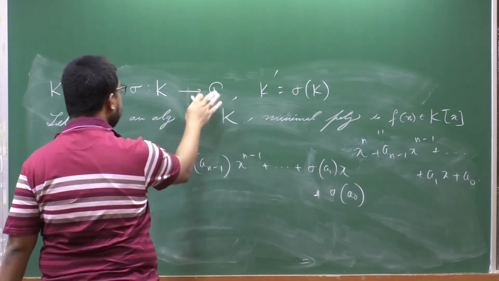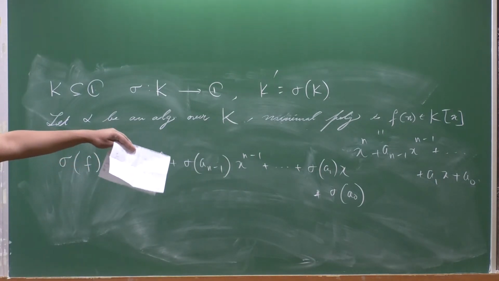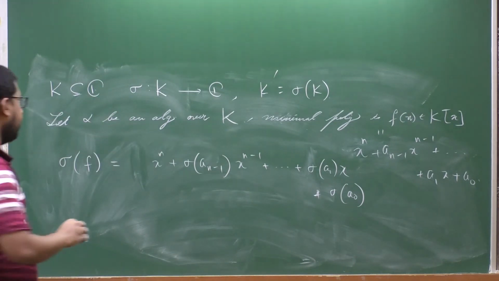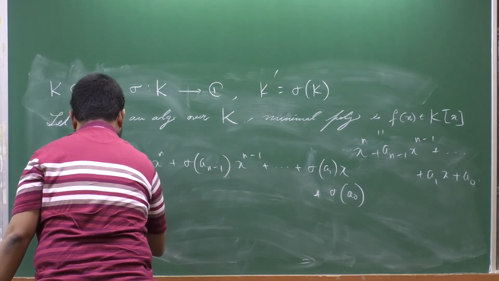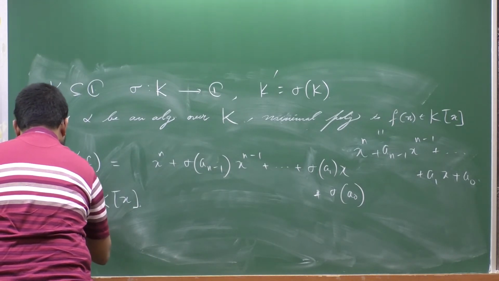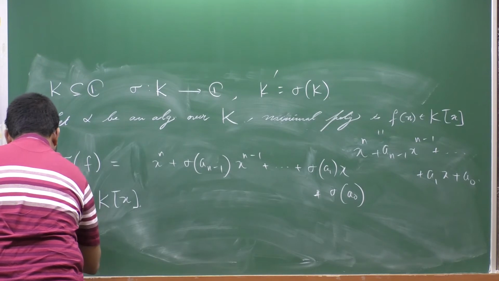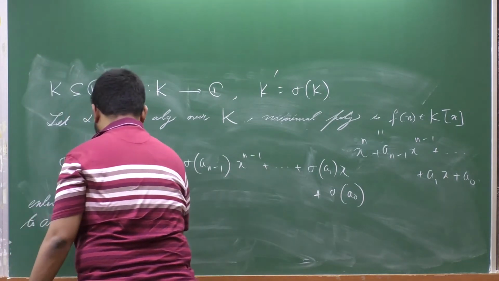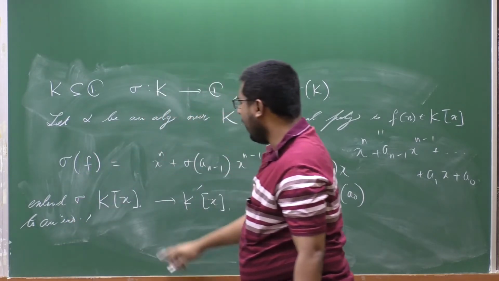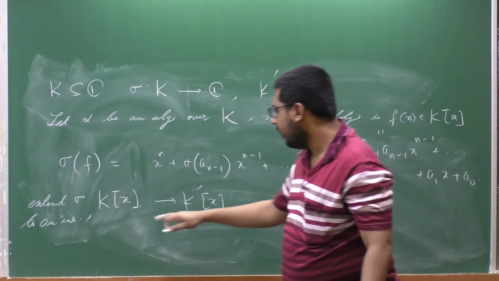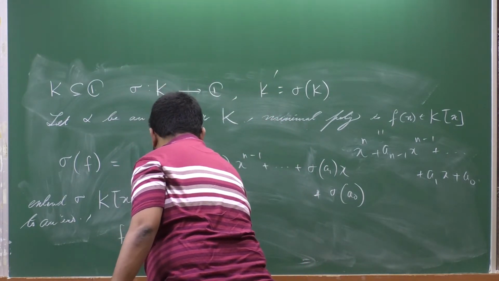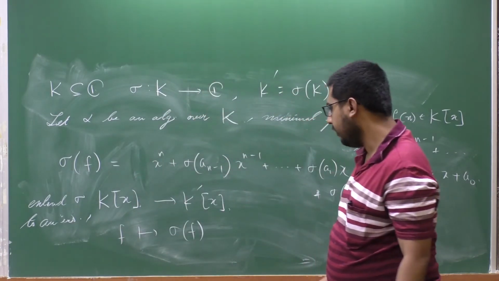Therefore sigma is an isomorphism between K and K prime, and as I have already seen, that extends to an isomorphism from K[x] to K prime[x]. Under this isomorphism, f maps to sigma f.